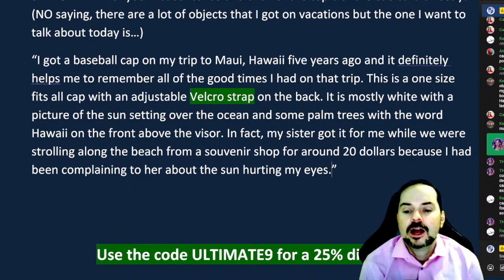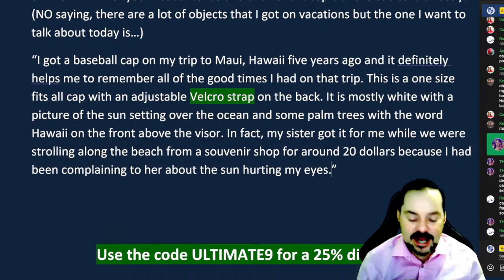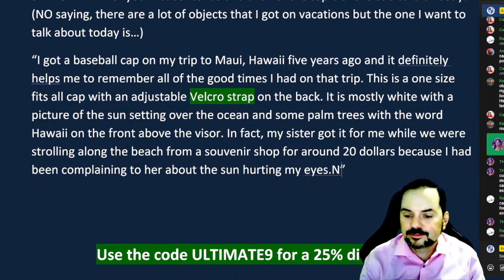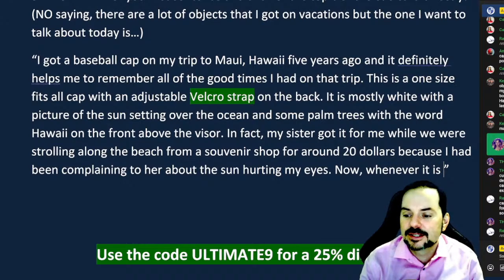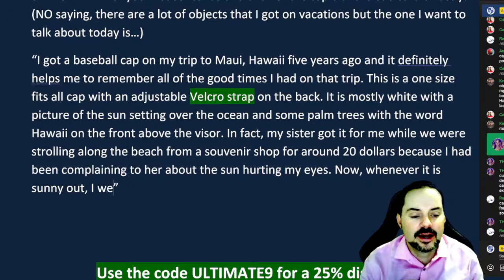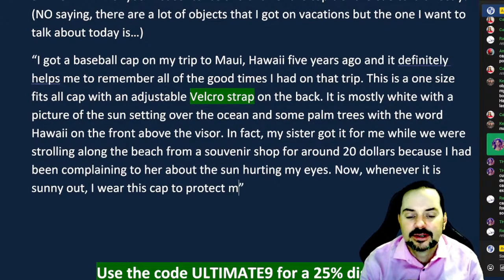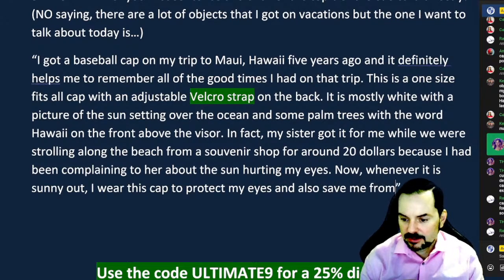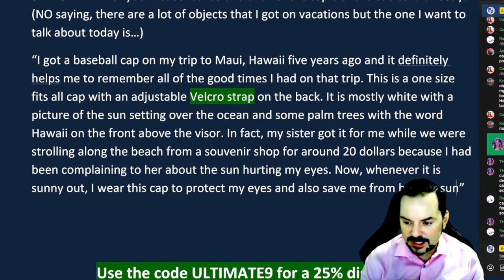Okay. So now, whenever it is sunny out, I wear this cap to protect my eyes and also save me from heat or sunstroke.